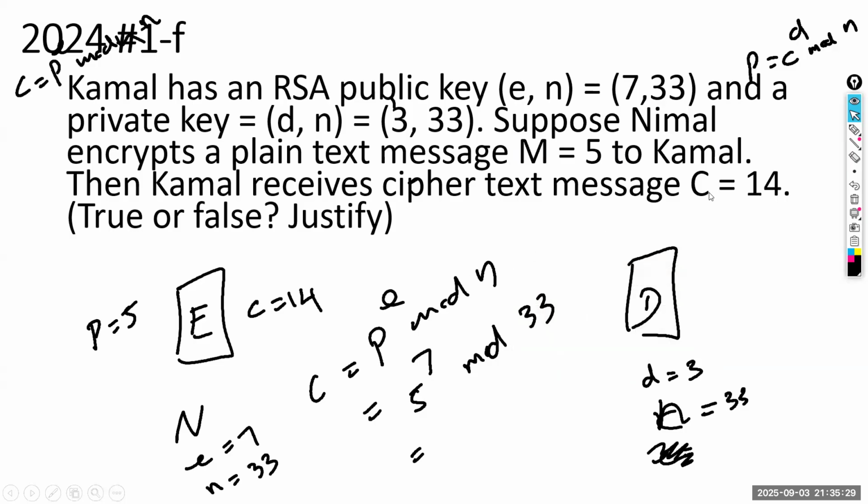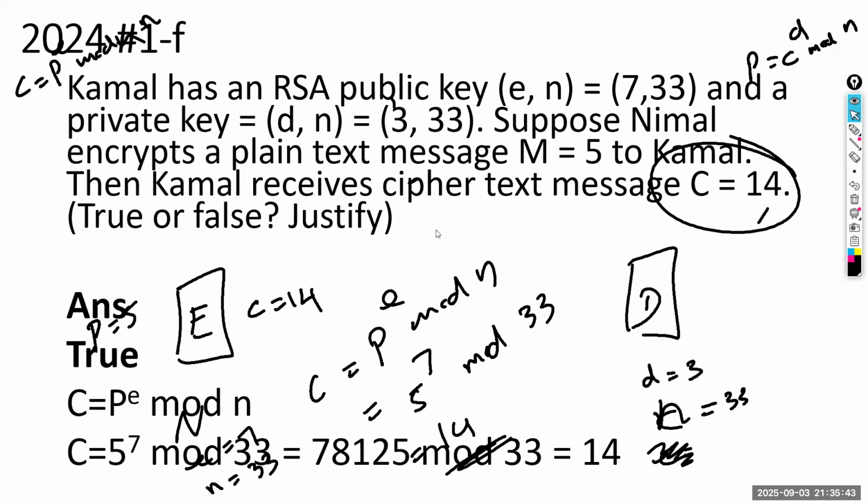Yes, so the ciphertext is 14, correct? So you need to say true, and you need to do this calculation, draw this diagram, and see whose keys are used and get the answer. Simple as that. Is it clear? Now all the questions are like that.